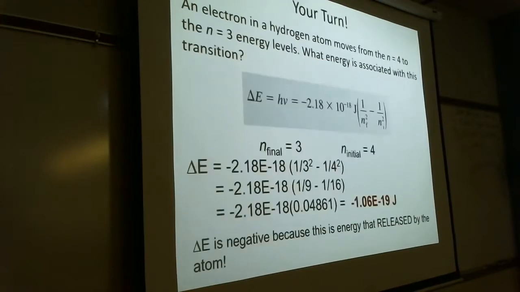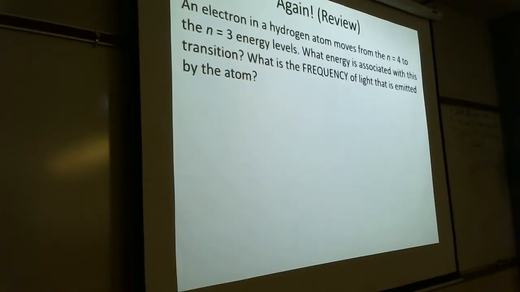So you just calculated energy. Now tell me what is its frequency. So you don't have to calculate energy again, because you just did. So tell me, what's the frequency of that light that's going to be emitted? Which equation do you use that relates energy and frequency?